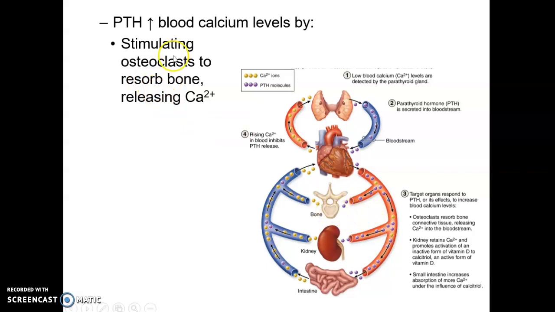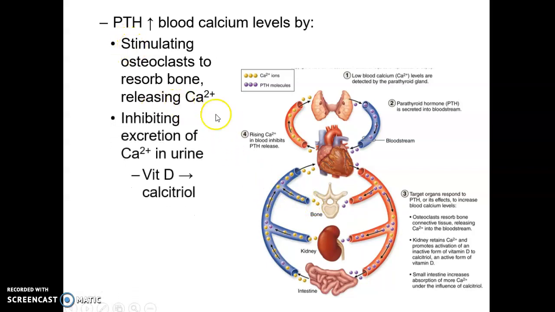And by doing so, remember osteoclasts resorb, dissolve mineralized bone, releasing calcium back into the bloodstream. So that helps bring blood calcium levels back up. Also, inhibiting the excretion of calcium in the urine. So more calcium is reabsorbed by the kidneys and is able to enter into the bloodstream.